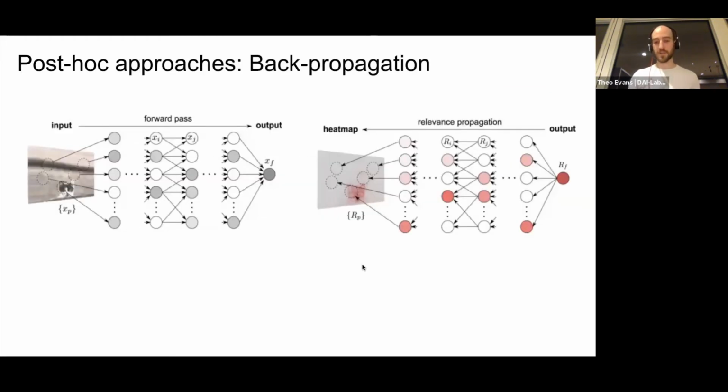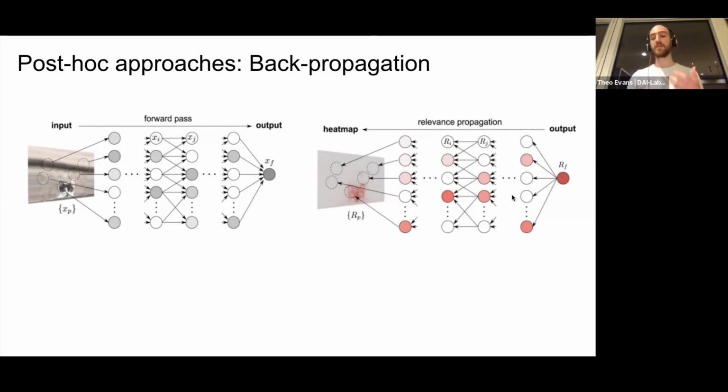Some common approaches for this are, first of all, back-propagation or relevance back-propagation, where we take the learned weights of our neural network and, from some classification output, for instance here, we have a classification algorithm that is classifying an image as the class cat, right?